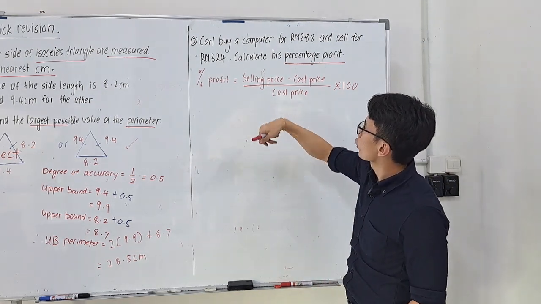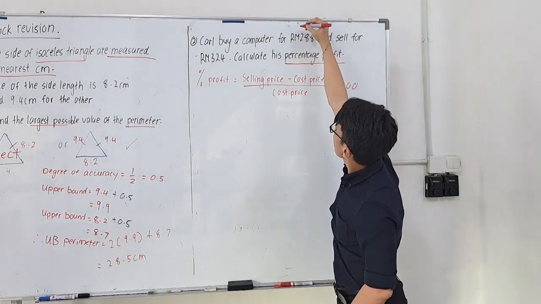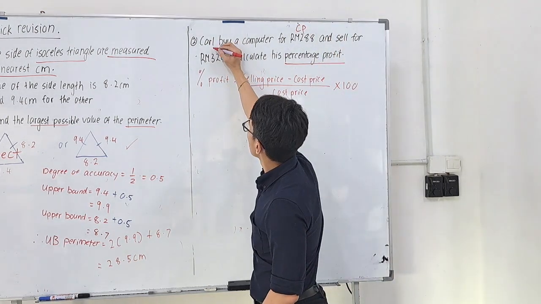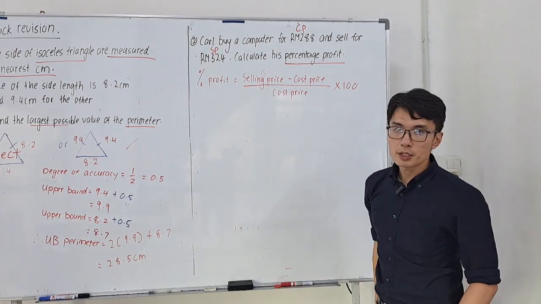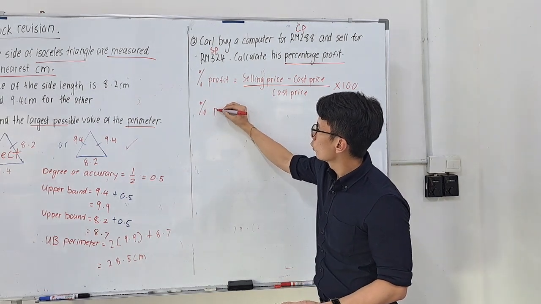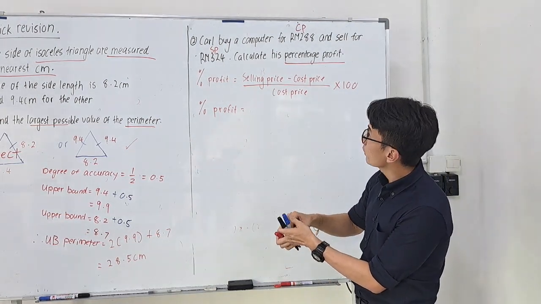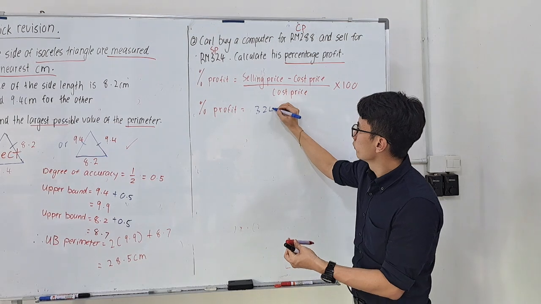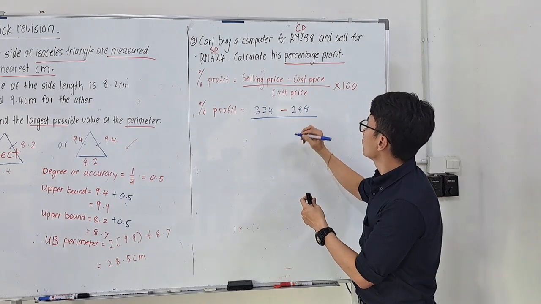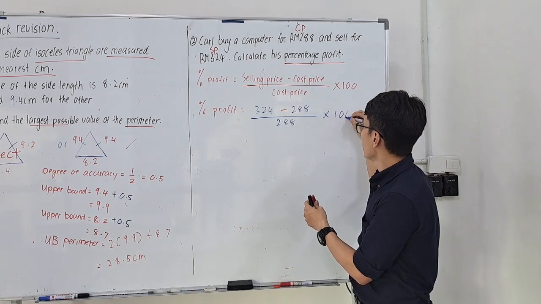So let's try this question. He buys a computer for this much, which is basically my cost price, and sells for this much, which is his selling price. So I have my information now. All I need to do is plug into the formula. Percentage profit equals the selling price, 324, minus the cost price, 288, and everything is divided by the cost price, 288 again, and then multiplied by 100.